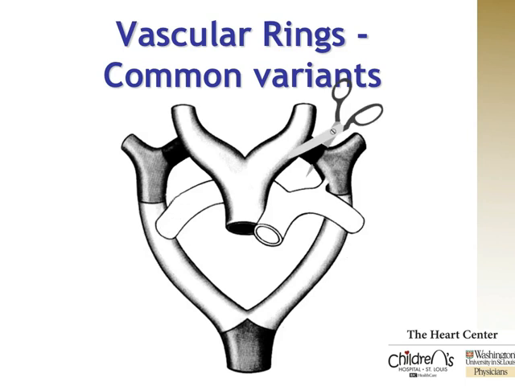But the right arch variants of true vascular rings, it's the more proximal part of the right aortic arch or the left aortic arch that involutes. So the left subclavian artery arises from the descending aorta as the last branch. So as we step through the branching sequence, the aorta arises from the heart. The first branch is the left carotid.